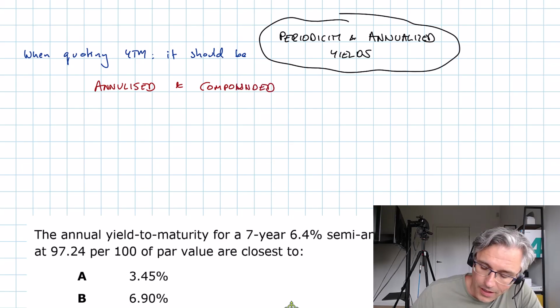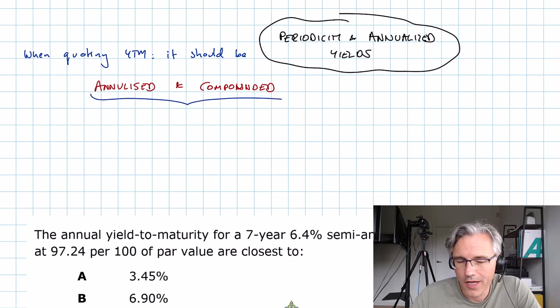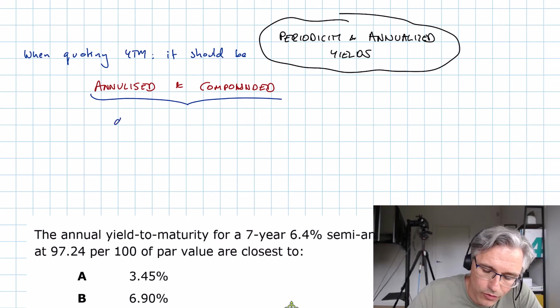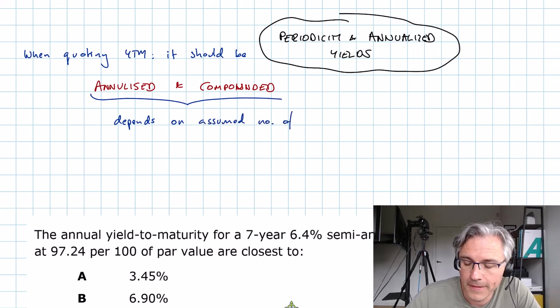And how you arrive at that annualized and compounded YTM will really depend on an assumption that you need to make. It depends on the assumed number of interest periods during the year.